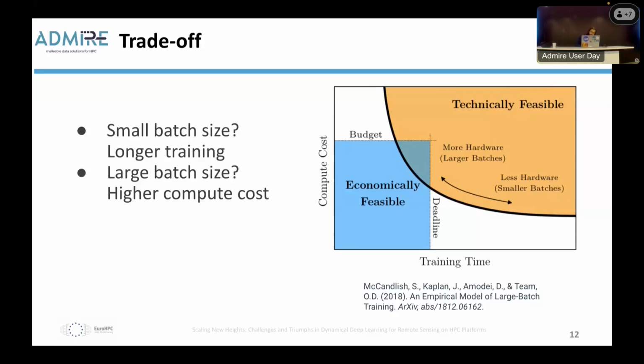And we need to consider that there is this sort of trade-off. So there's a sort of Pareto front that we need to optimize and find an optimum to see what is the optimal point between the batch size and the available resources that we have.